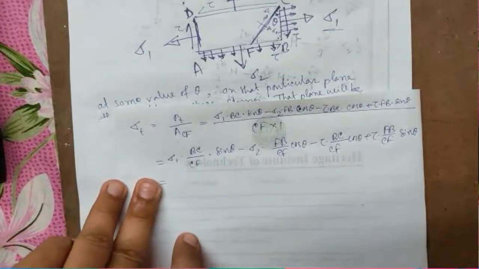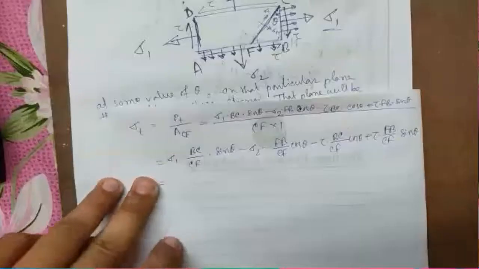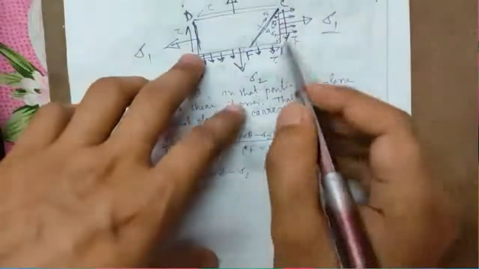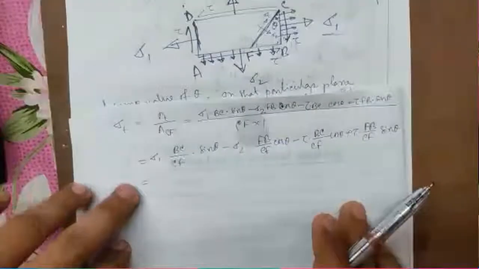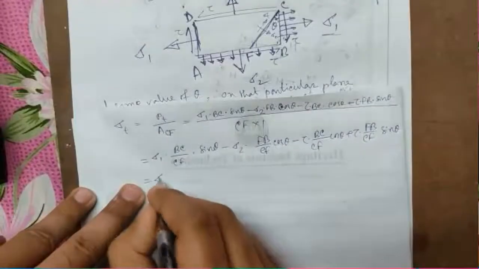We have written earlier that BC by CF is cos theta from the geometry. Just look at here, BC by CF is cos theta. So just like previous, we will rewrite the equation.